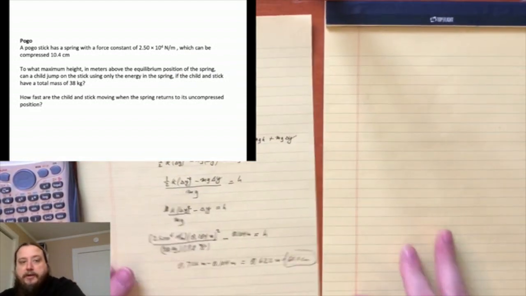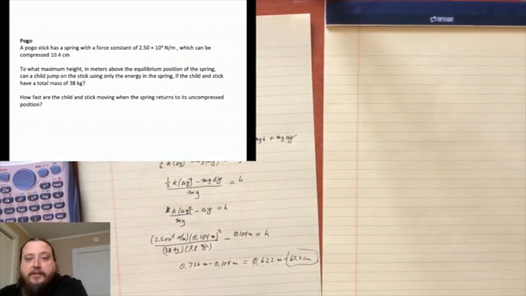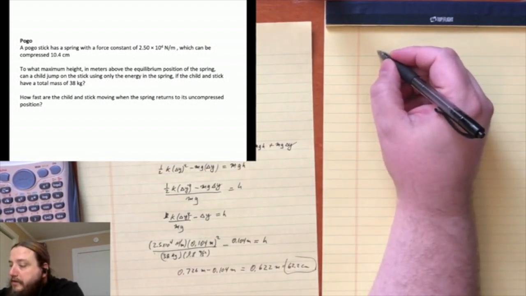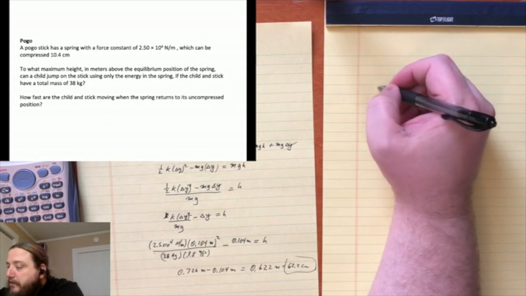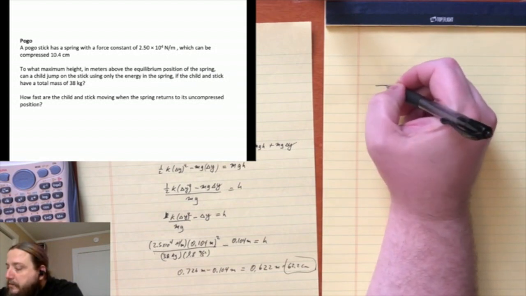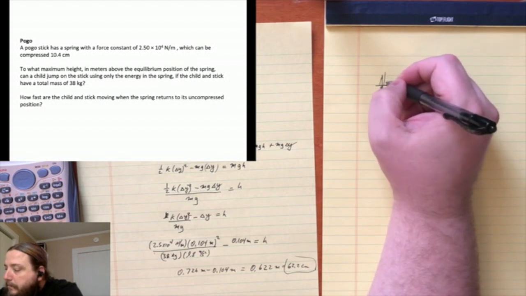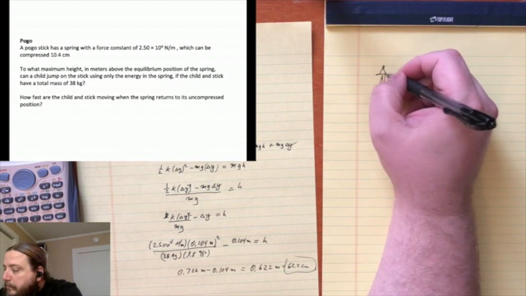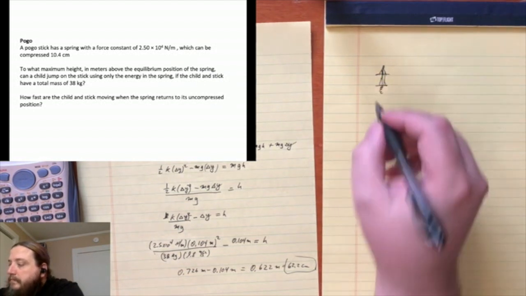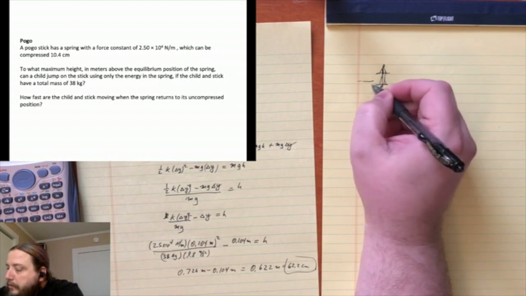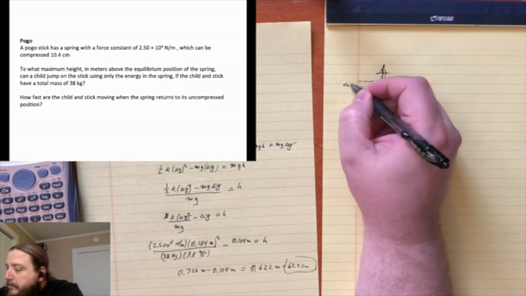In part 2 here, it asks how fast are we moving when the spring returns to its uncompressed position. So now we have, again, our compressed position here, where we are compressed by our delta y.